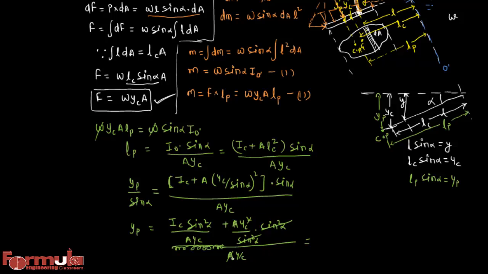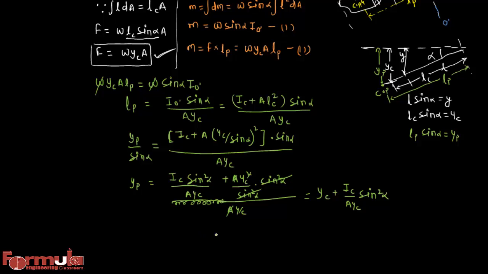So the remaining term is YC, so I can write YC plus IC by A YC sin square alpha. Okay, so this is our YP.